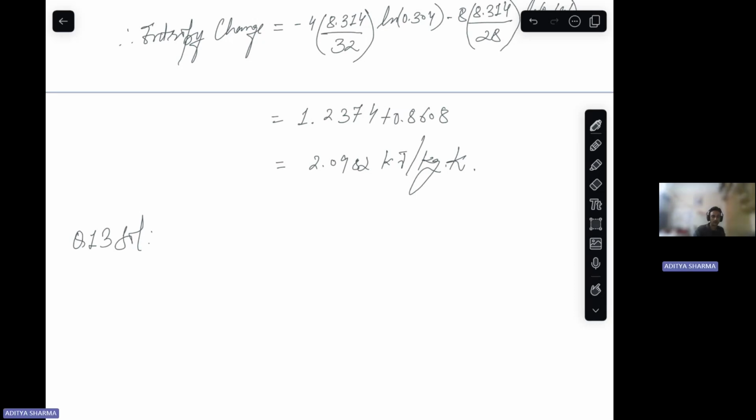First we'll calculate the number of moles. So number of moles for helium is 1.2 divided by 4, the molecular weight of helium. So this comes out to be 0.3 kilomoles. Okay.